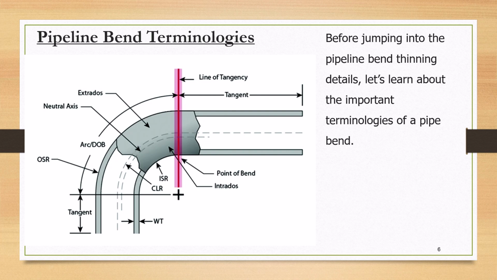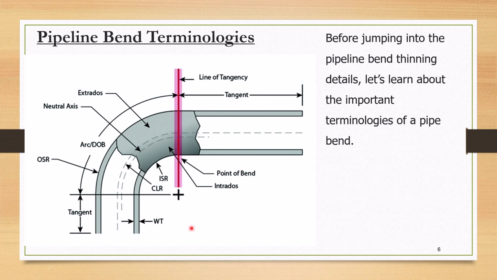Now pipeline bend terminologies. There are various terminologies that are used to describe a pipeline bend. So before jumping into the pipeline bend thinning details, let's learn about the important terminologies of a pipe bend. First, you see here DOB or arc, that is degree of bend.